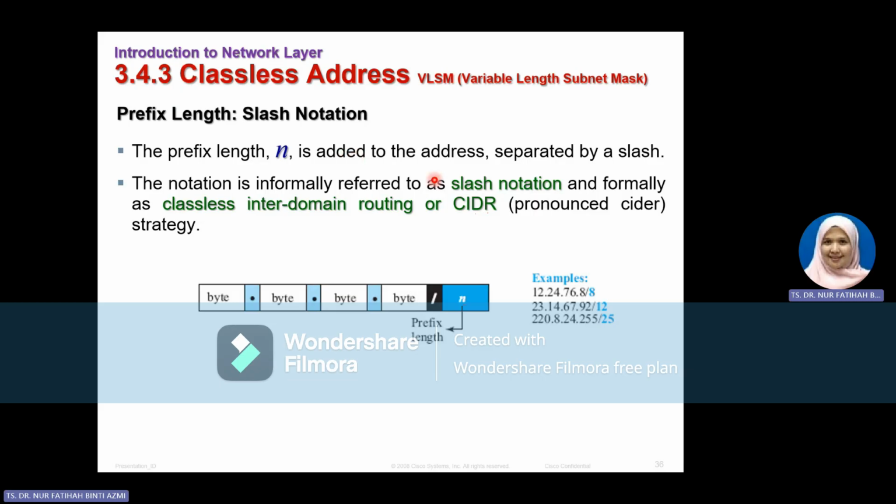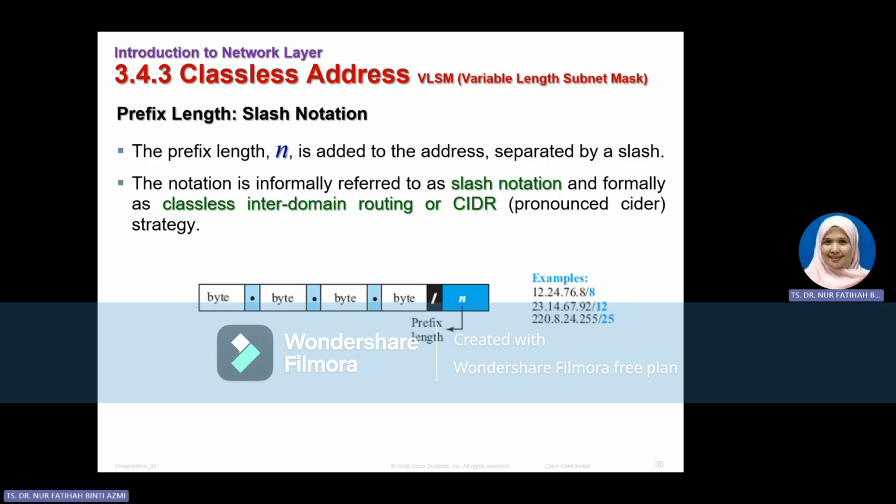Now we want to identify how many bits are used for the network part, so we use something called slash notation. You always see the IPs written like 192.168.1.0/24.